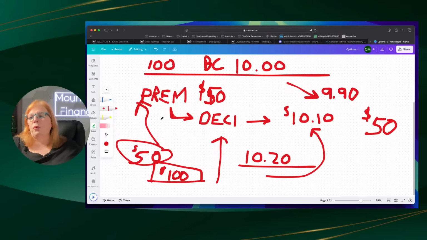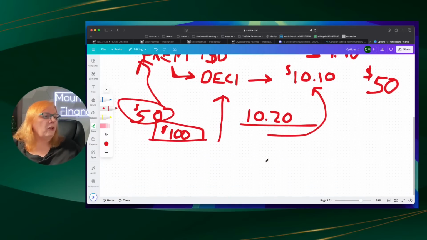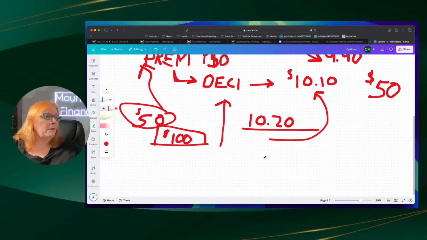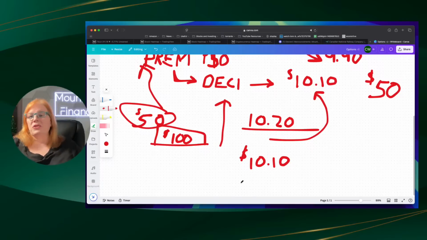Obviously, what you're probably going to do is you may not buy back those shares. You may wait it out and hope that it retraces. But now, let's say for example it did go to 10.10. That person could exercise. They could make you sell it to them for 10.10, but they're probably not going to.